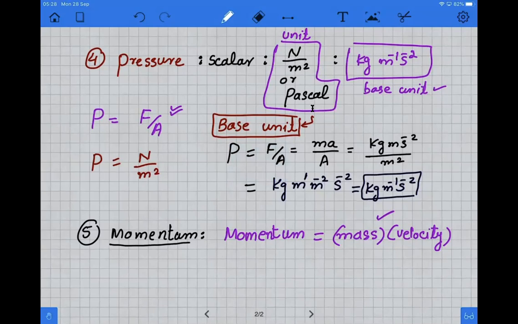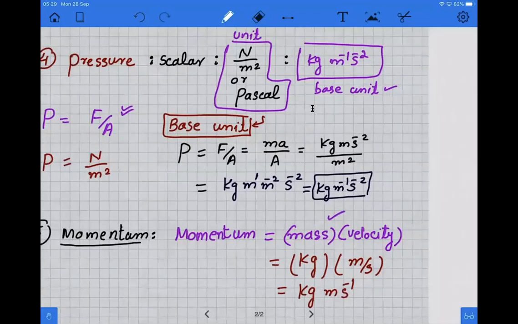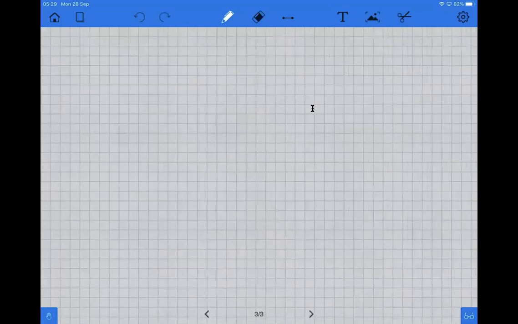This is called momentum. So momentum is a product of mass and velocity. The unit of momentum will be kilogram, and for velocity it would be meter per second. So the overall unit of momentum will be kilogram meter second minus 1.